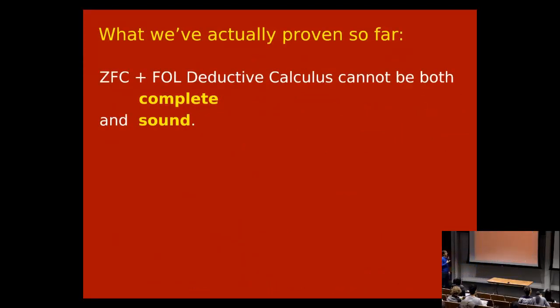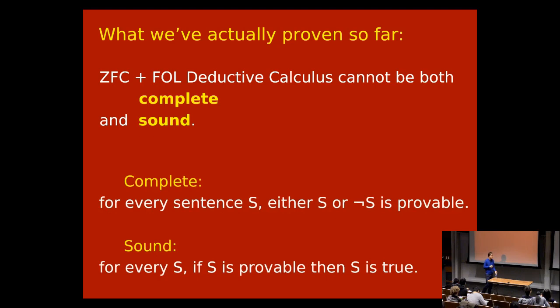So this is actually sort of the real statement that we've proved. ZFC, together with this deductive calculus, cannot be both complete and sound. These are technical terms. Complete means that for every sentence S, there's a proof of either S or not S. And remember, it was incomplete in our proof because there's a sentence, M of x halts, that would be S, where you couldn't prove M of x halts, or you couldn't prove the negation of M of x halts, which is M of x loops.